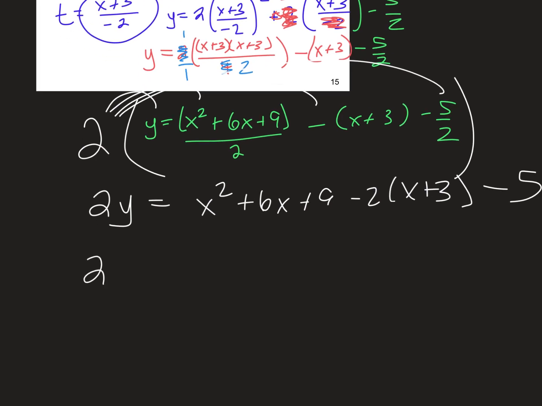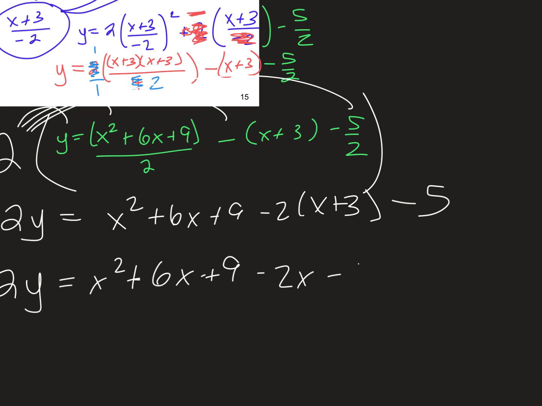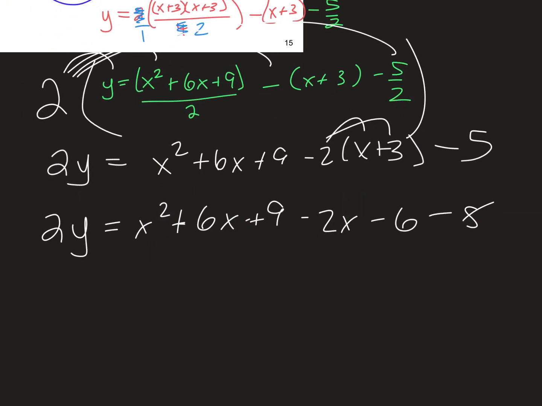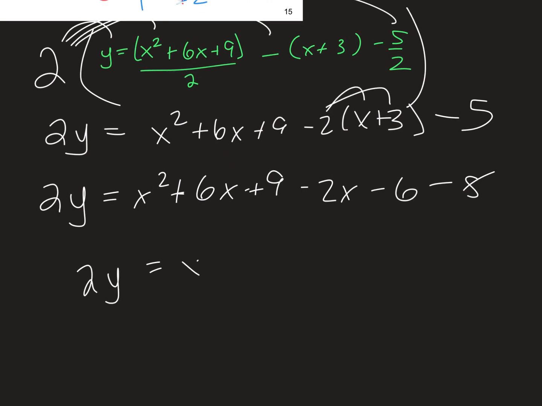So we have 2y equals x squared plus 6x plus 9 minus 2x minus 6. Yeah? And then minus 5. We distributed the negative 2. And now we can just clean it up. So I have 2y equals, I start off with x squared. What can I combine?